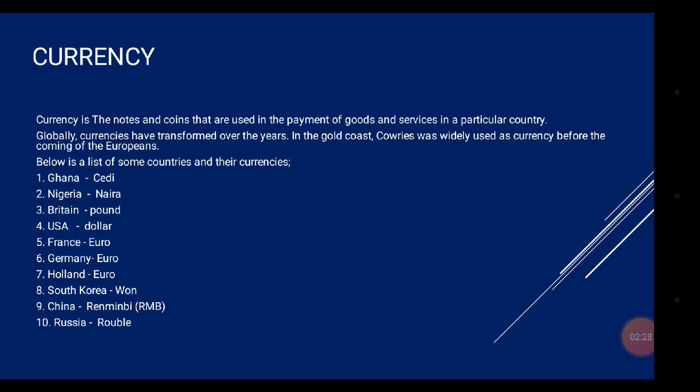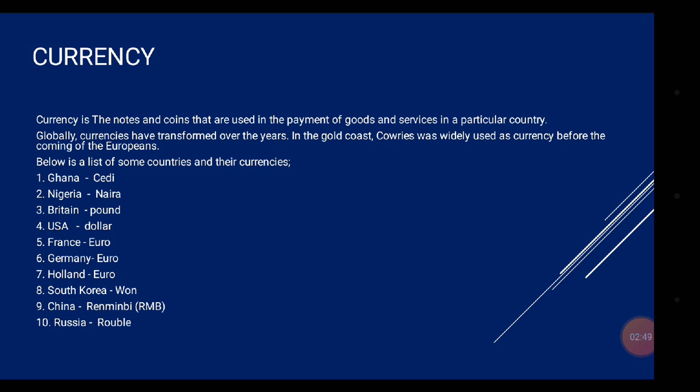Globally, currencies have transformed over the years. In the Gold Coast, for example, cowries was widely used as currency before the coming of the Europeans. At some point, gold dust and gold pieces were used as currency.